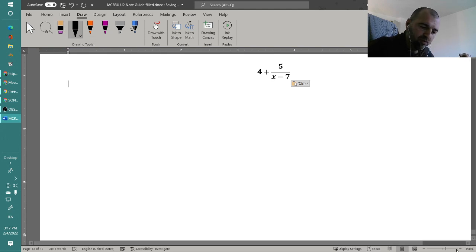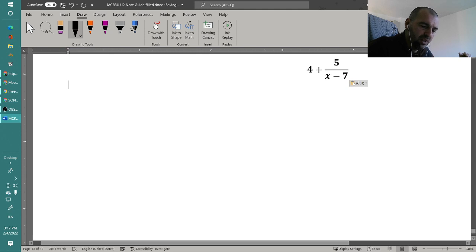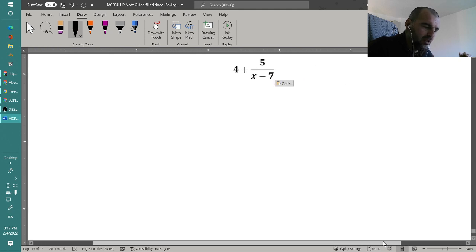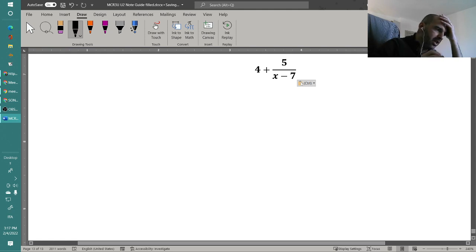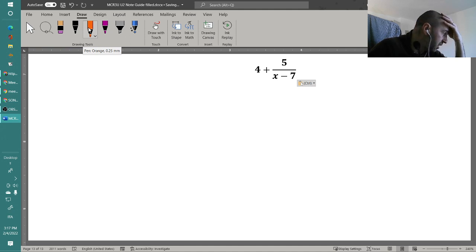It's 4 plus a very simple fraction. These styles can be a little bit more overcomplicated, but you can also make this one pretty simple and easy right at the get-go.